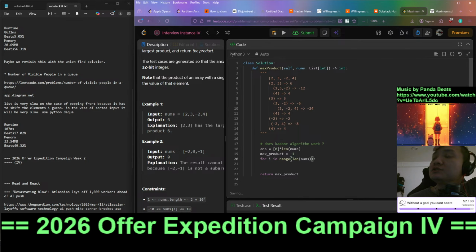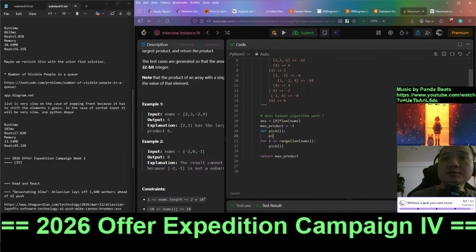So we would write a function, do a pick, right? So in the i, right, we would pick if i greater than or equal to length of nums, you just return, right? So then we would pick i.